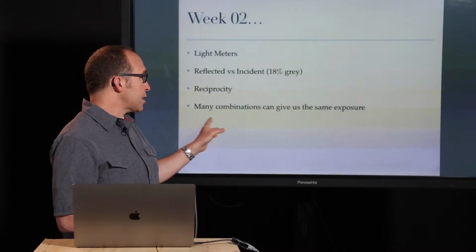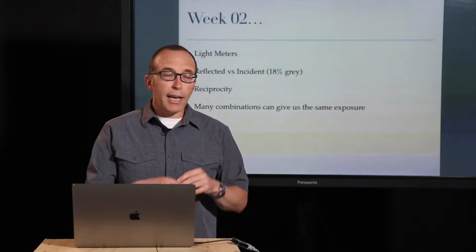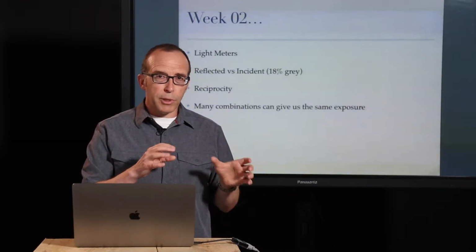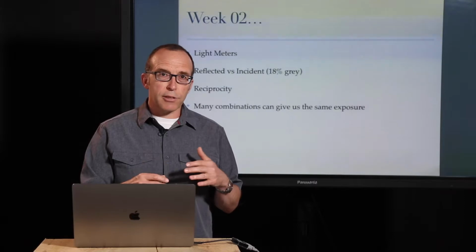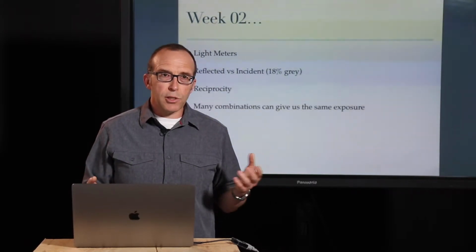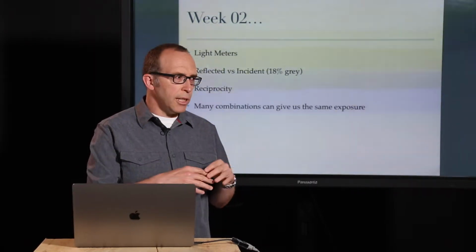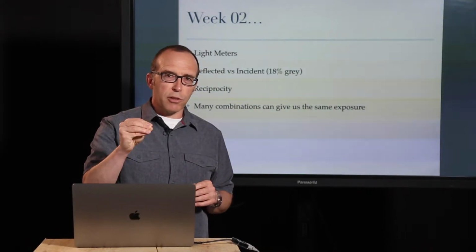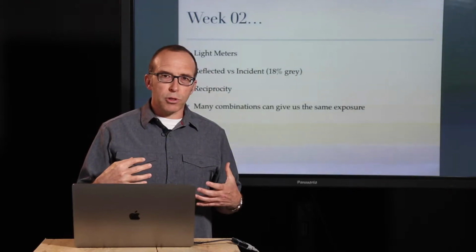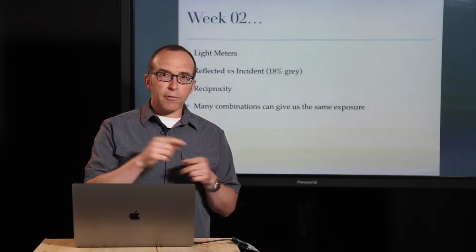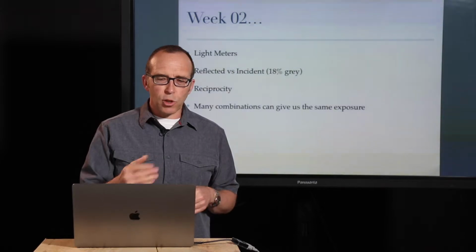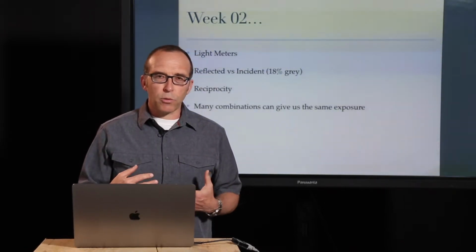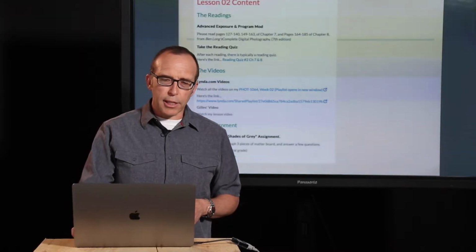Reciprocity ties in with this concept that for any given scene, there are multiple combinations of exposure settings that will give you a good exposure. In other words, in this room, for example, there is an f-stop and shutter speed combination that would produce a good exposure. Actually, there are several combinations that will work. And so we'll talk about how you can change from one setting to another, and that's where reciprocity ties in.